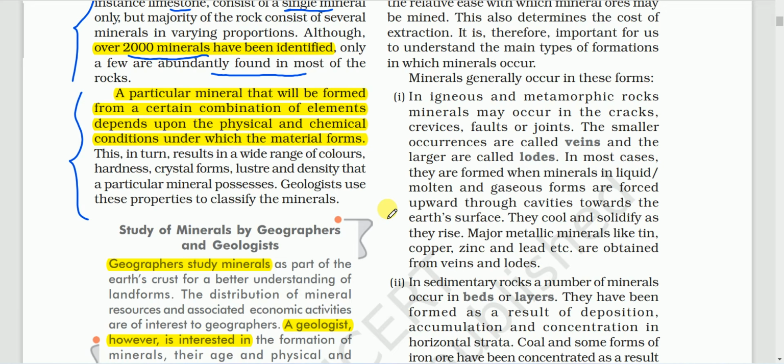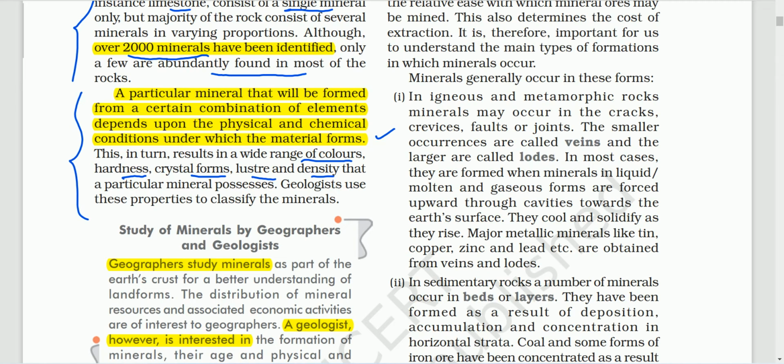This is because a particular mineral has been formed from a certain combination of elements depending upon the physical and chemical conditions under which the minerals form. This in turn results in a wide range of colors, hardness, crystal forms, luster and density that a particular mineral possesses.